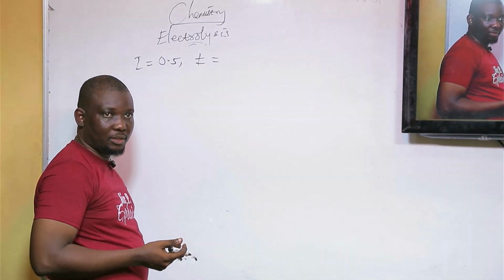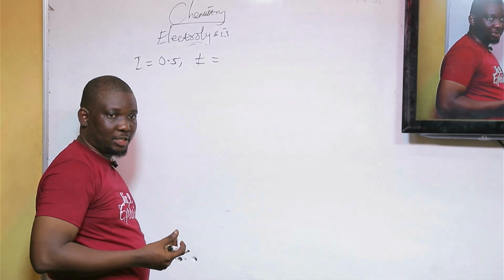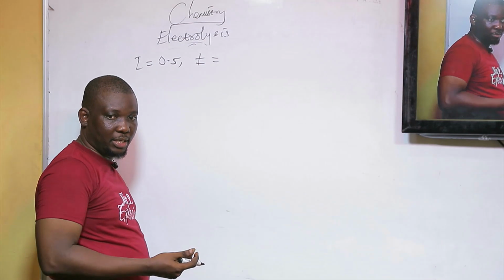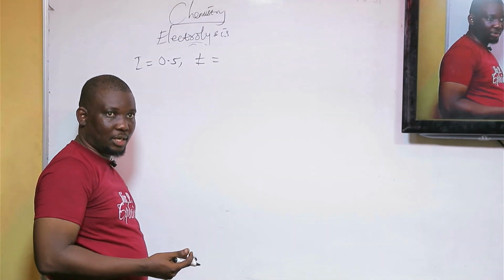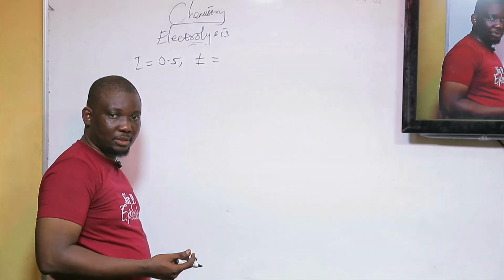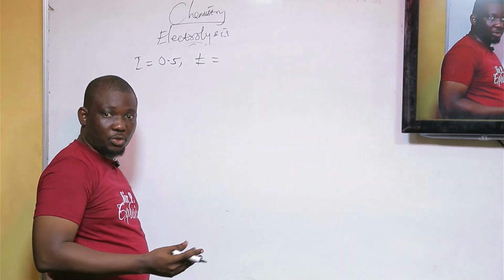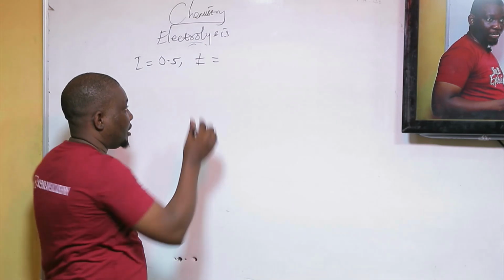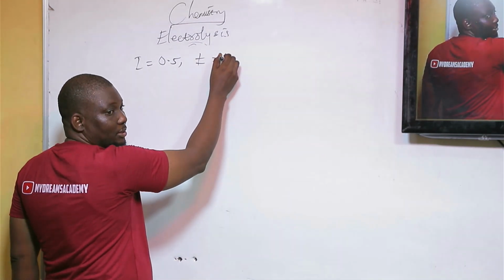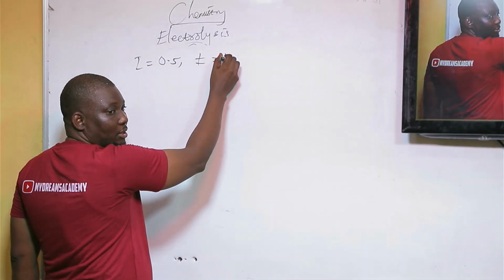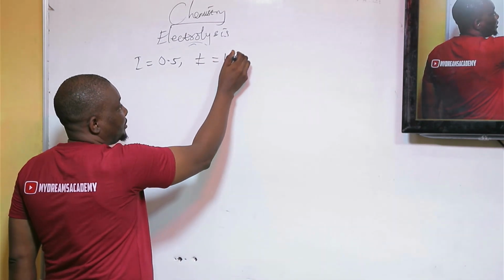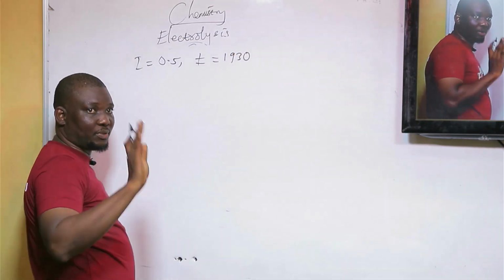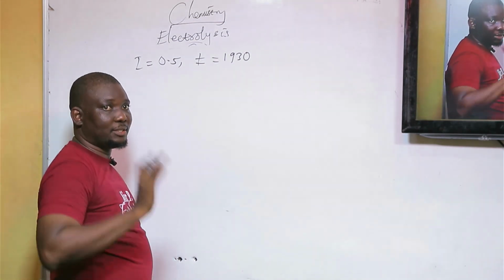I'm converting 32 minutes to seconds, so I'm multiplying by 60, added with 10 seconds. That gives 1930 seconds, the equivalent of 32 minutes 10 seconds in seconds.